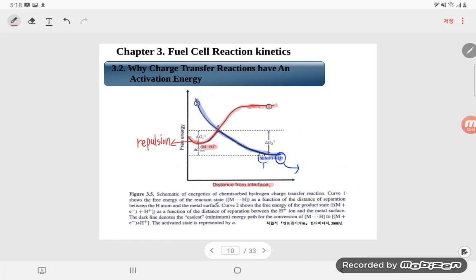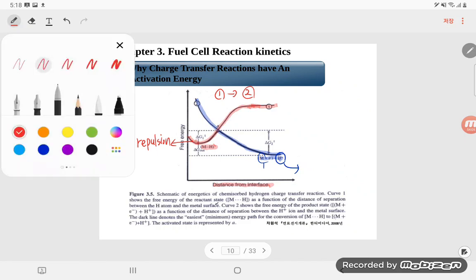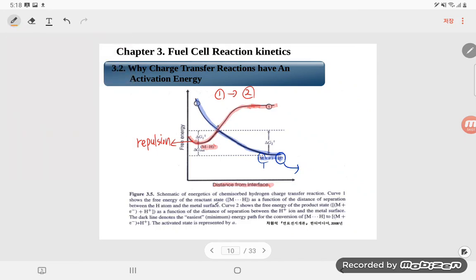And then from the first one, we want to know about the step for it. From the first species, the product is the second one, right? So the curves, if we find the minimum energy, easiest way, then we can draw like this.